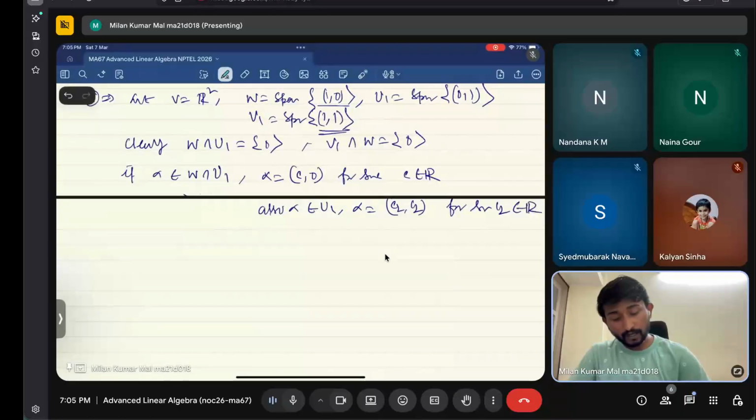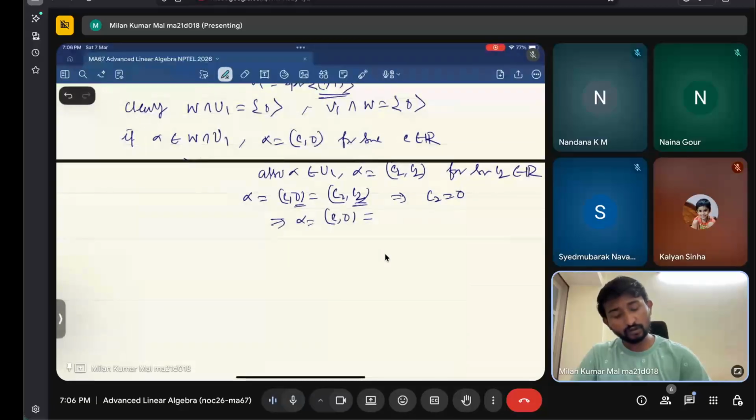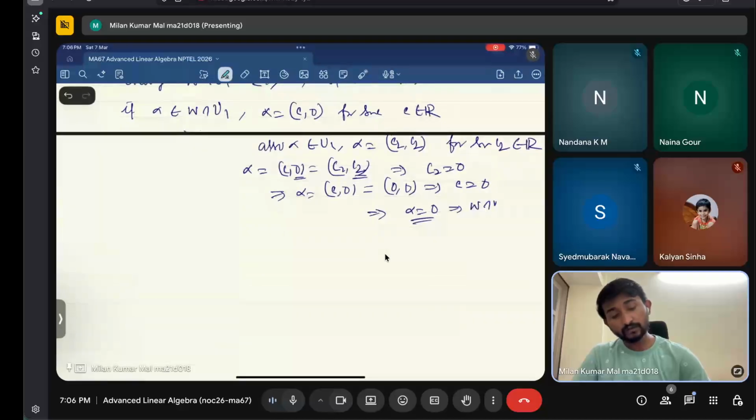So now alpha equals (c, 0) equals (c2, c2). If we compare the second coordinate, we get c2 equals 0, and that will force alpha equal to (0, 0), so c is equal to 0. That basically says that alpha has to be 0. There is no other option. So W intersection U1 is equal to 0.